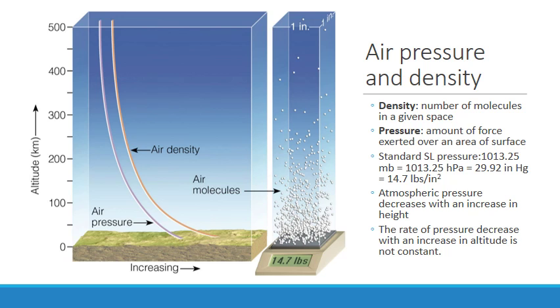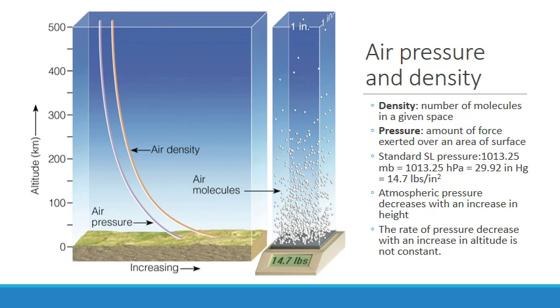Half of the atmosphere lies below an altitude of 5.6 kilometers, which is about 3.5 miles. At about 16 kilometers, or 10 miles, 90% of the atmosphere is below you. And above 100 kilometers, 62 miles, only a trace, a fraction of a percent of all the gases composing the atmosphere remain below you.